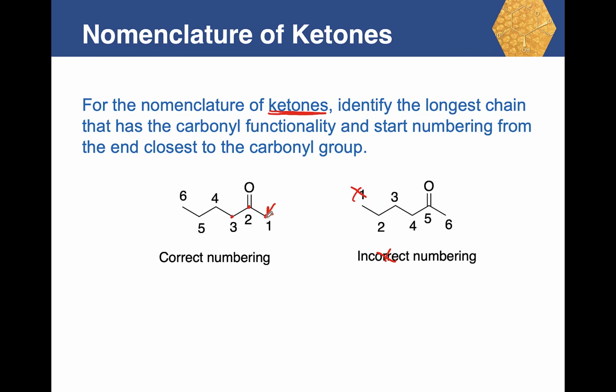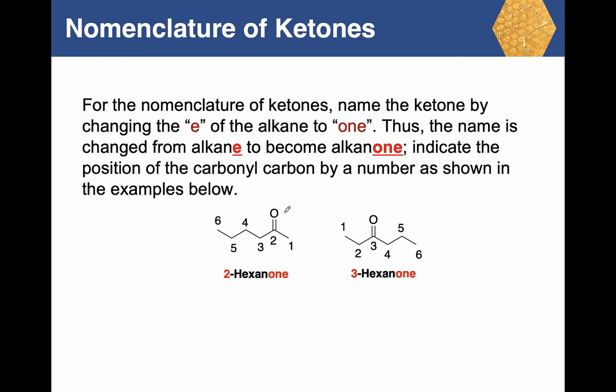So this gets number 1, 2, 3, 4, 5, 6. That's just how you number it. How you actually name it is shown here. If there's 6 carbons, the E from the alkane or the hexane goes to one. So it goes from alkane to alkanone. Notice the E goes to ONE. So once you see an ONE, you know you have a ketone.